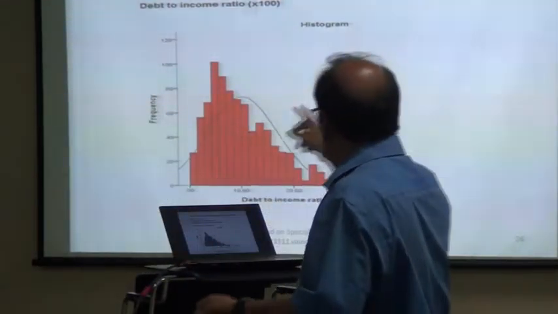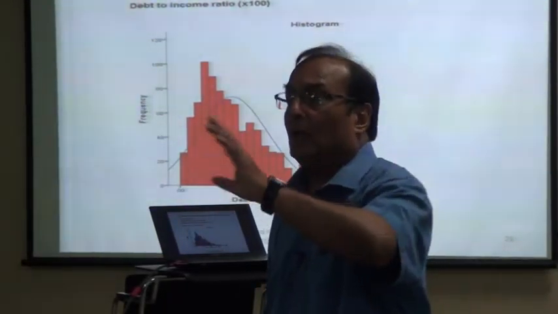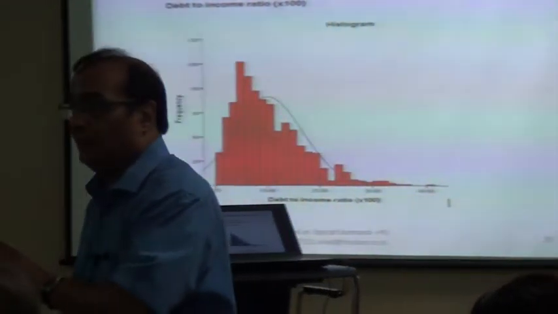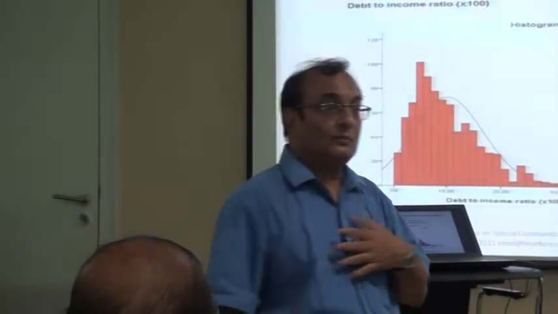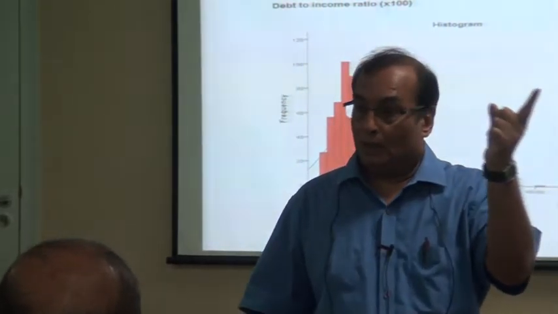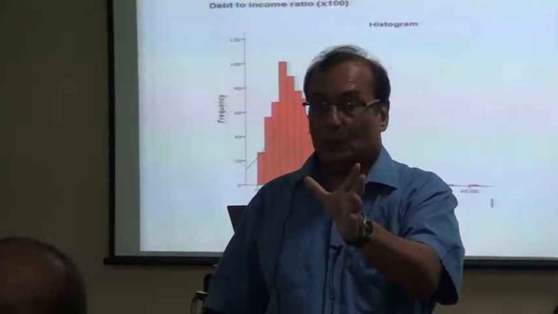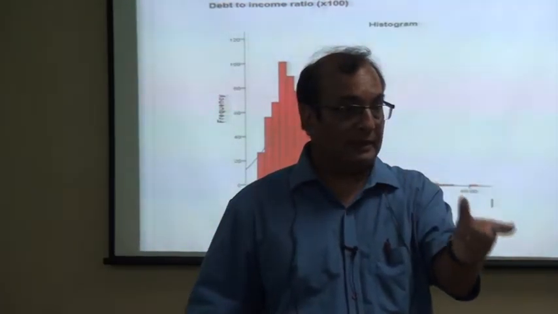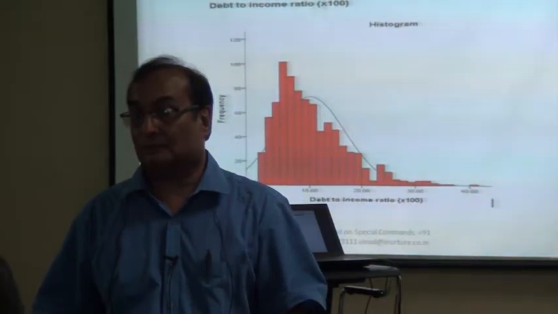Making a histogram is one way to crudely judge whether your data is approximately normally distributed or not. After transformation, if the data looks approximately normally distributed, then only can you proceed for further analysis.